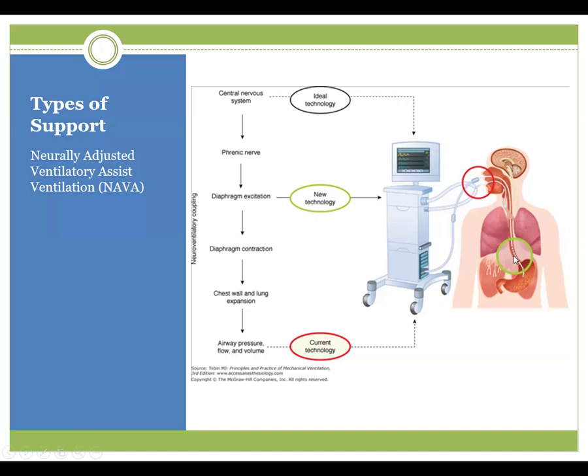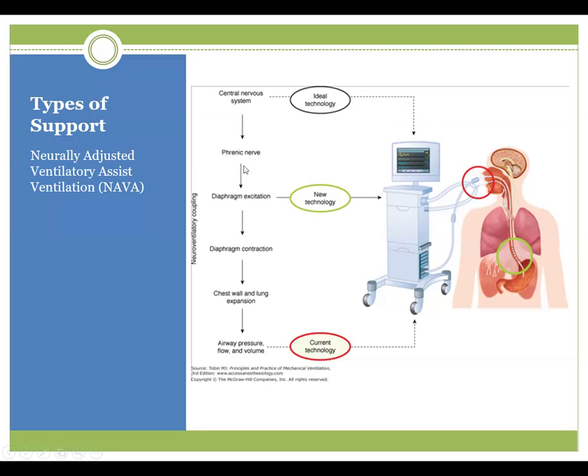When the diaphragm contracts, these electrical impulses pick it up. So they know when the nerve fires. It delivers information back to the ventilator and says, hey, the baby is taking a breath. So we need to coordinate with that breath. So central nervous system, the phrenic nerve, diaphragm excited. So this is the nerve impulse, how it travels.